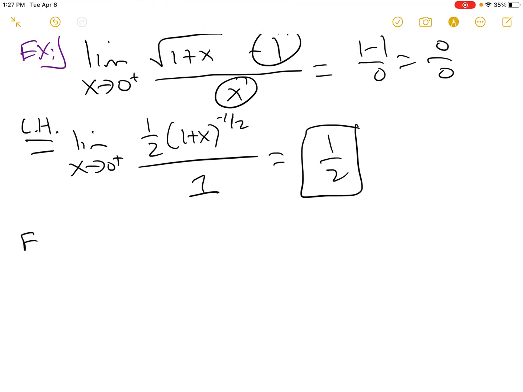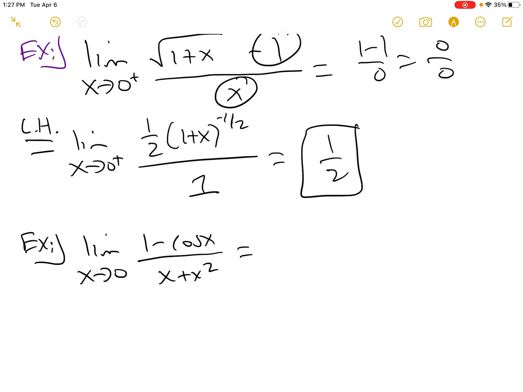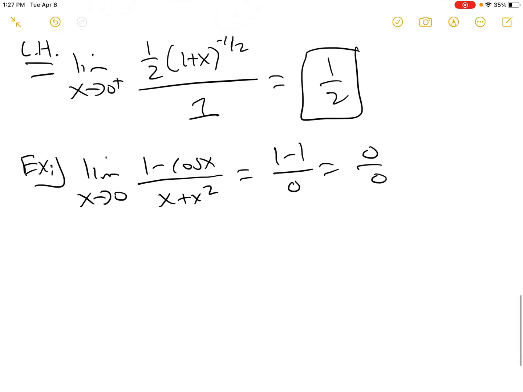Here's another one. The limit as x approaches 0 of 1 minus cosine x over x plus x squared. This is 1 minus 1 over 0, which is 0 over 0. All right. And then we get, let's see, the derivative of 1 is 0.